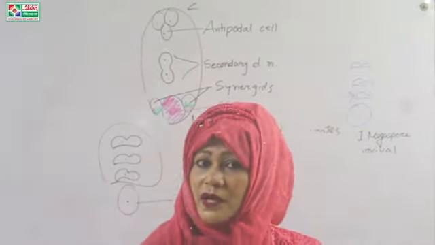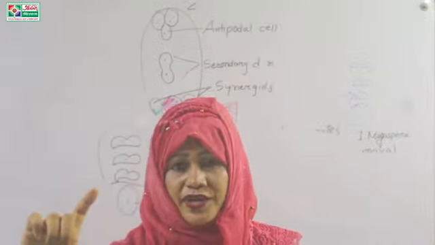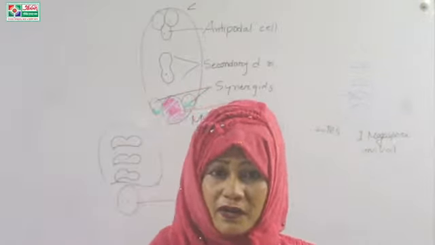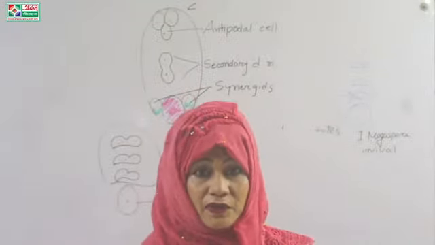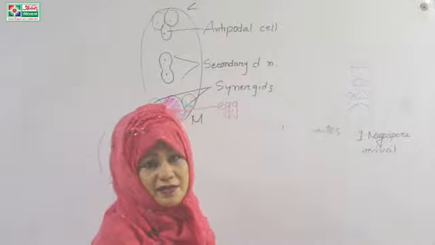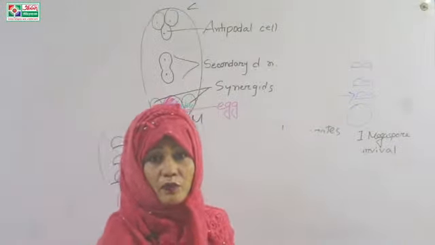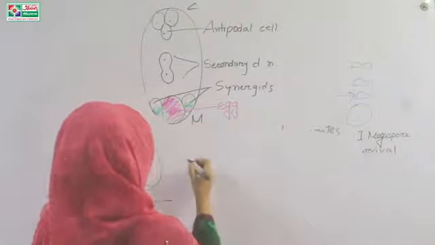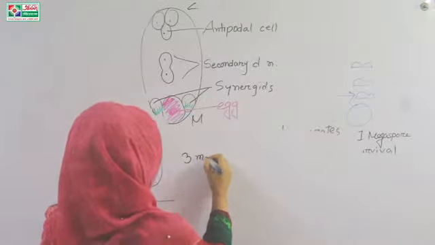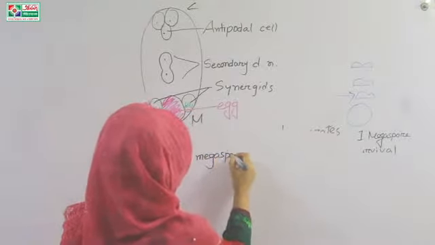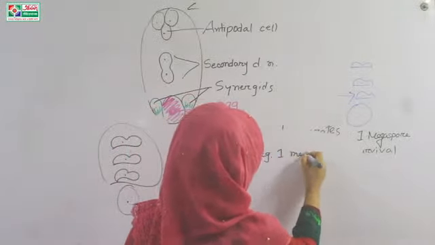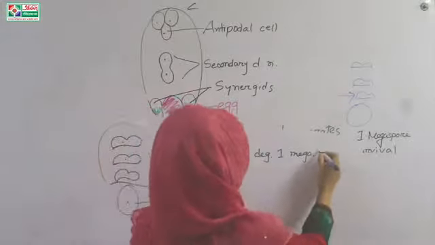Got it? This type of embryo sac is known as the monosporic type, mono meaning one. So three out of four megaspores degenerated and one megaspore survives.